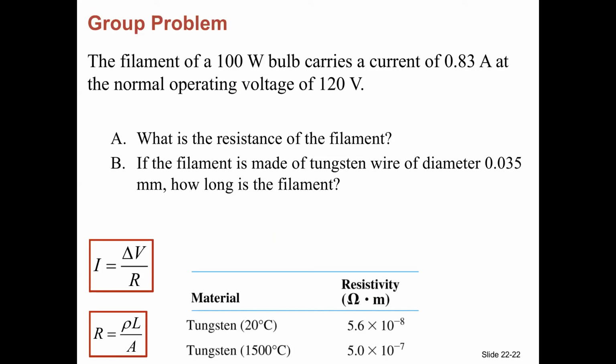So household voltage, if we plug a lamp into an outlet, gives us a 120 volt difference from one end of the wire through the light bulb to the other. And on average, for a standard 100-watt light bulb, you don't really need the 100-watt number here, but you do need to know the current going through that.